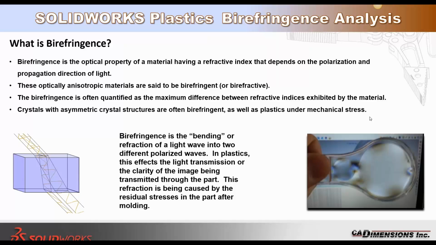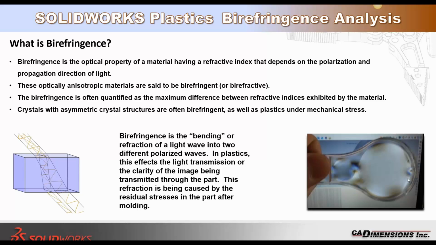So to jump into this, let's quickly answer the question: what is birefringence? It's a phenomenon that typically can be seen in optical properties, which is transparent, such as this part that you see down here. You can see these shiny areas. That is what we call birefringence.